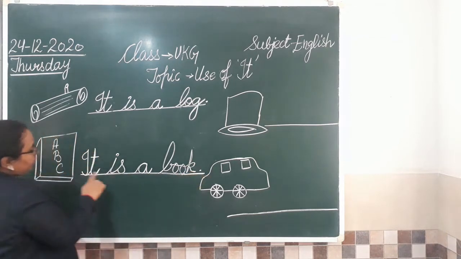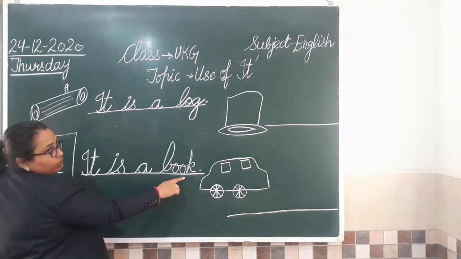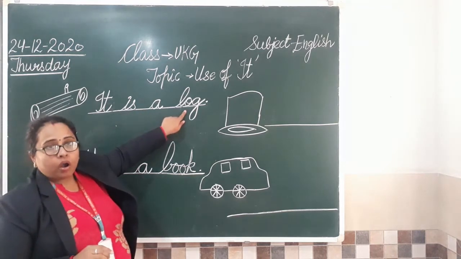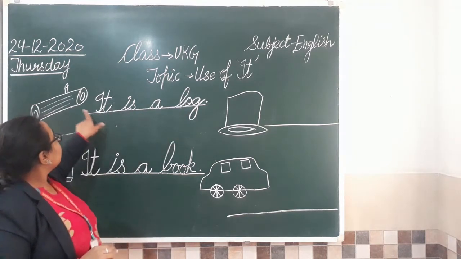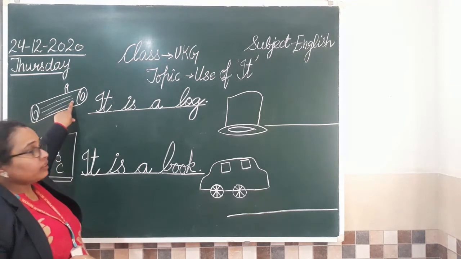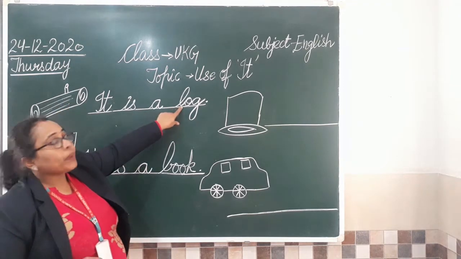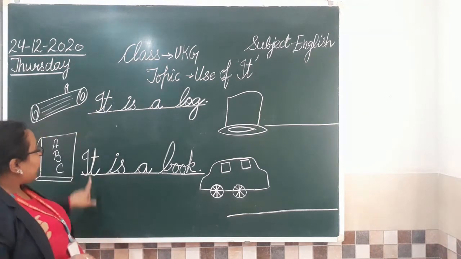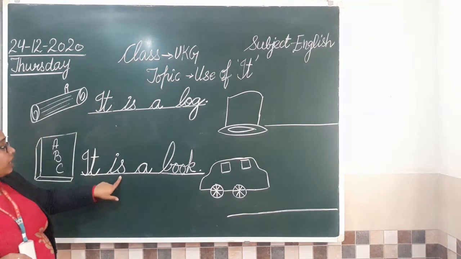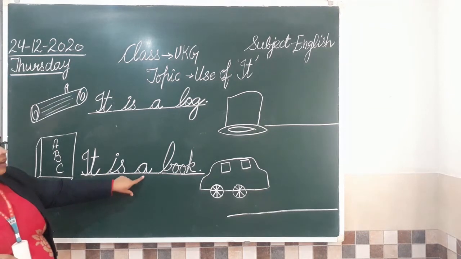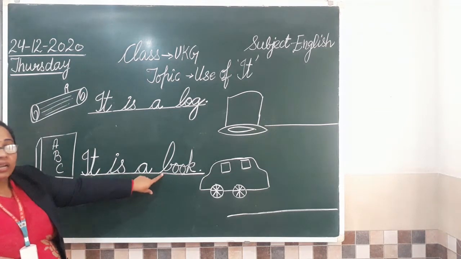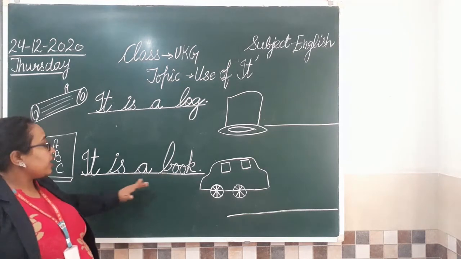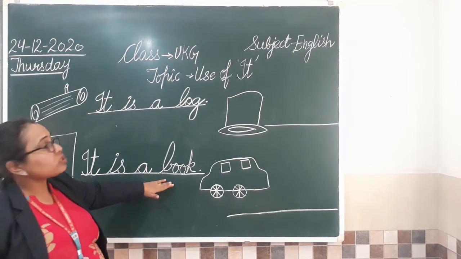So we have written it is a book. समझ में आया? It is a log. It क्योंकि ये नॉन लिविंग है. बिकॉज यहाँ पे कॉन्सोनेंट है. लॉग इसका नाम है. अगेन इट इज ये है. कॉन्सोनेंट साउंड है ना, तो हमने a यूज करा और बुक लिख दिया. It is a book. अंडरस्टूड?